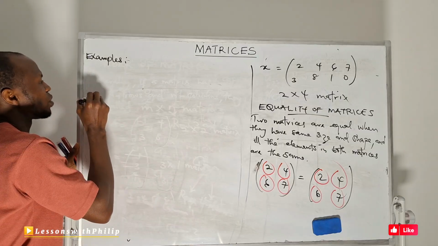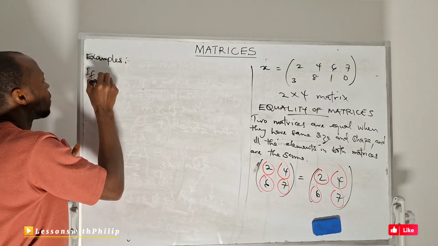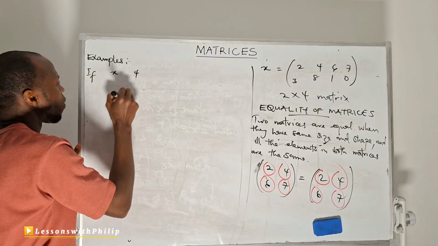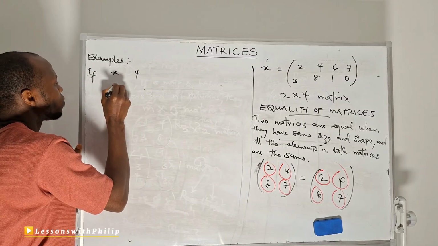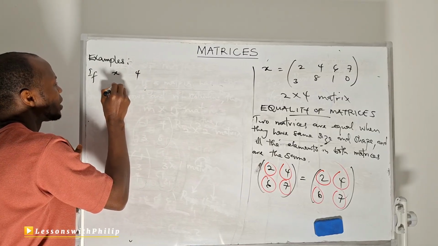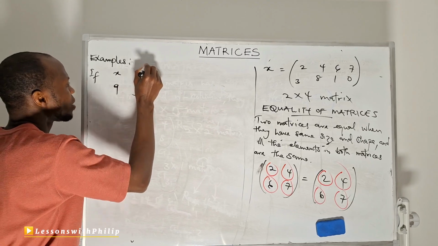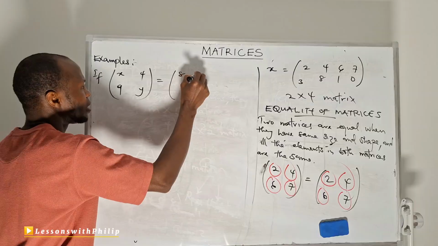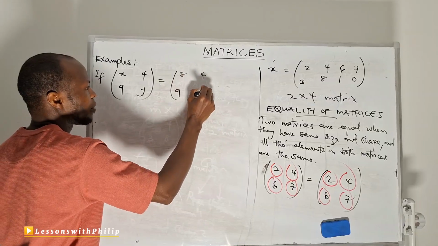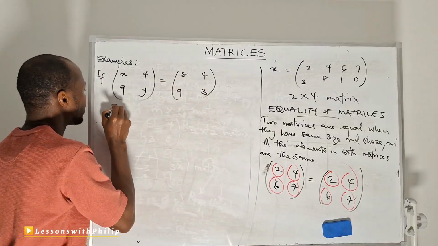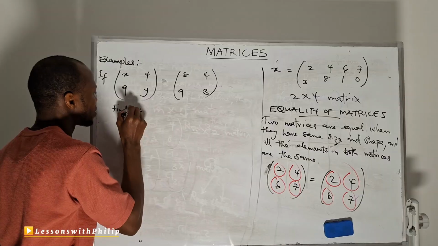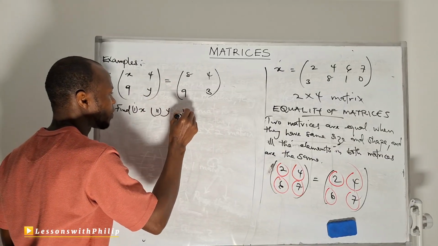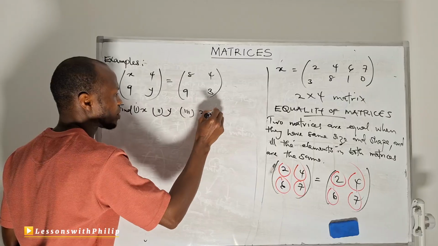Assuming that we're told that the matrix with x, 4, 9, y is equal to the matrix 8, 4, 9, 3. Question 1, find x. Question 2, find y. And question 3, find x plus y.